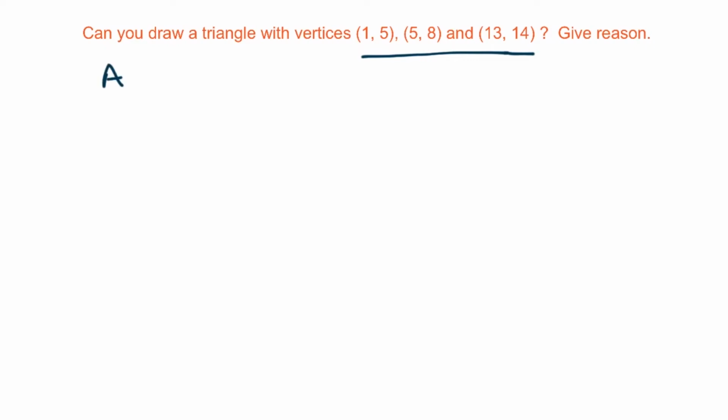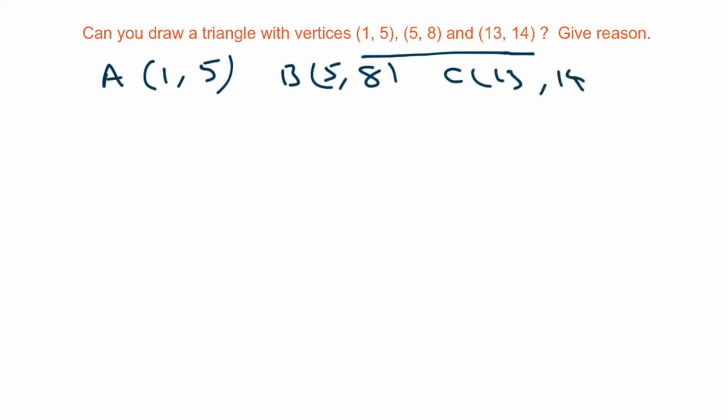So let us find the lengths of each side of the triangle. For example, let us say A is (1, 5), B is (5, 8) and C is (13, 14). First, let us find the distance between A and B using the distance between 2 points formula, which is D equal to square root of (x2 minus x1) whole square plus (y2 minus y1) whole square.